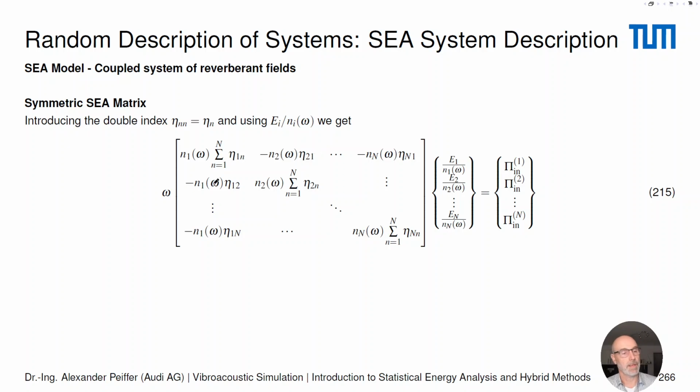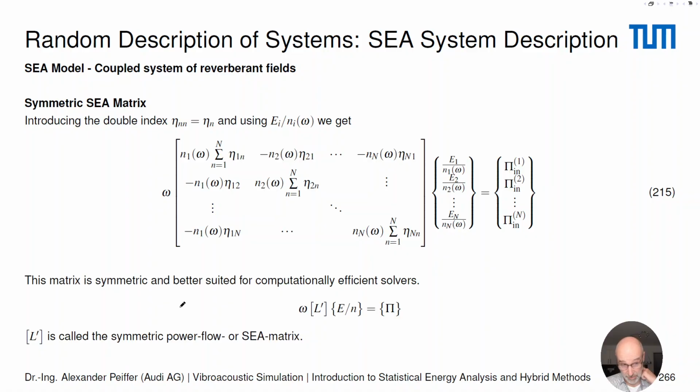If you keep in mind, those are related by the so-called reciprocity relationship. And that's a good thing, because that means this new matrix is symmetric in this formulation. This is much better suited for computationally efficient solvers. We all know that a symmetric matrix is much easier to solve.